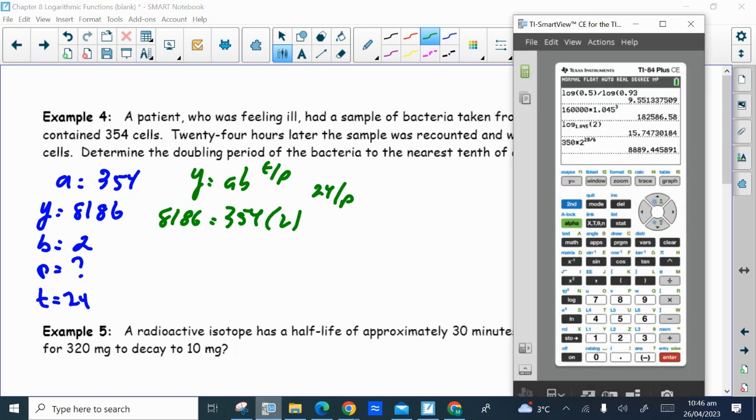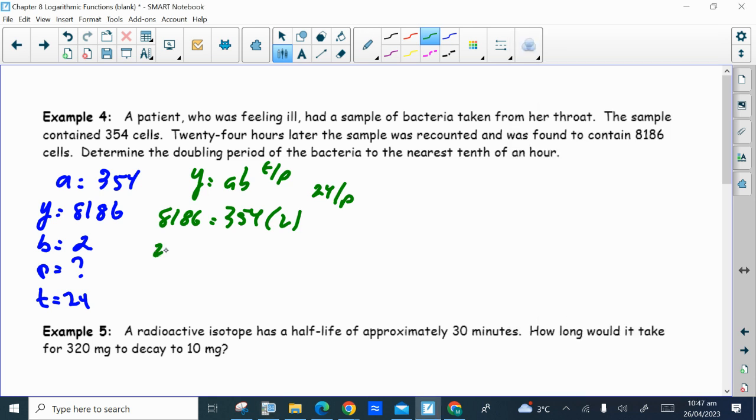We would start by dividing both sides by the 354. Which gives us 23.124 approximately, equaling 2 to the power 24 over P. To solve for P, my next step would be to convert from exponential to logarithmic.